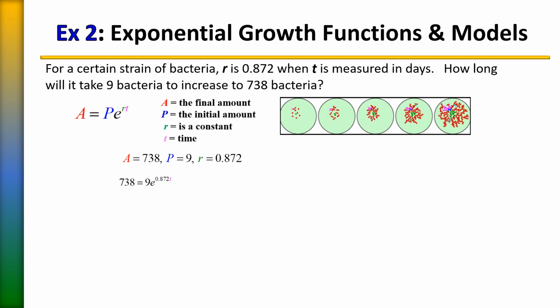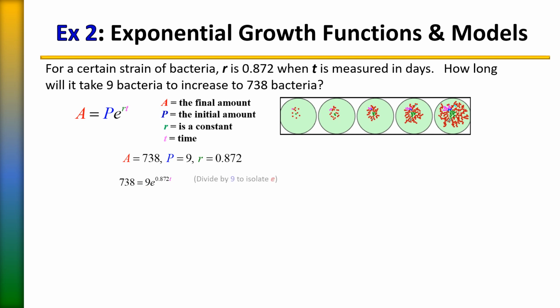If you said divide by 9, that is correct, because notice e is sandwiched with the 9. They're joined together, which means that they're being multiplied. The opposite of multiplication is division. What do you divide by? You always divide by what you want to get rid of. So since we want to get rid of the 9, we divide by 9.